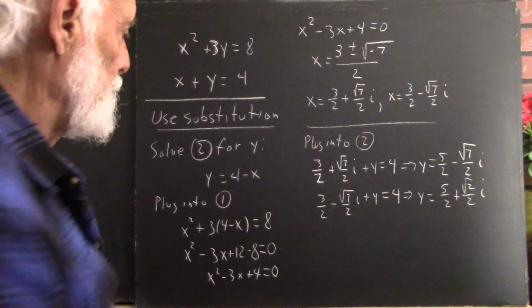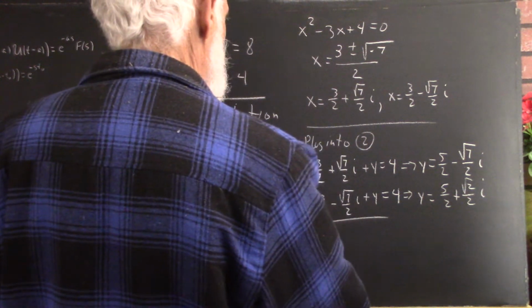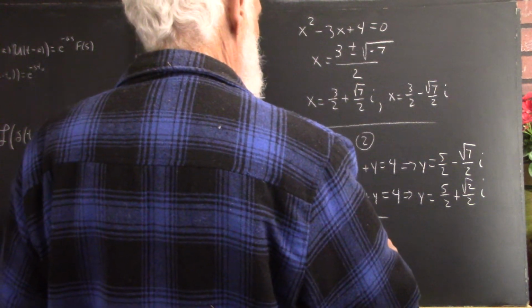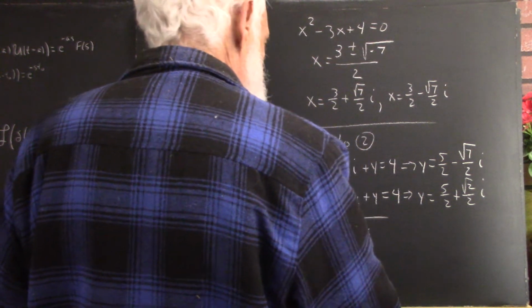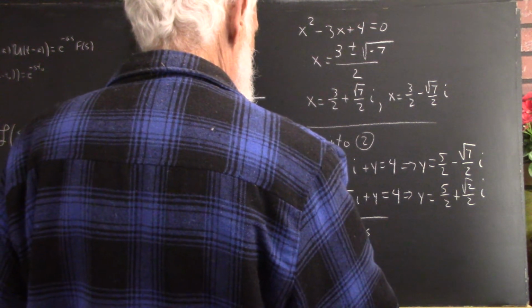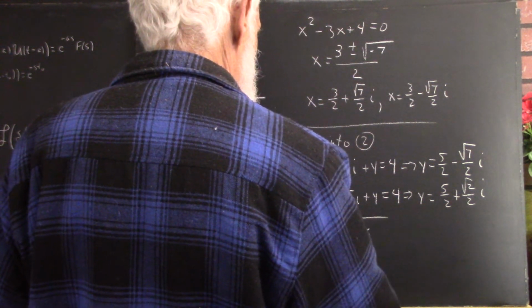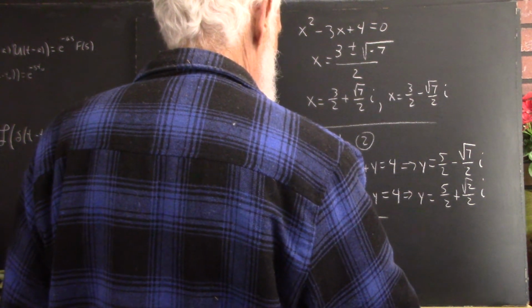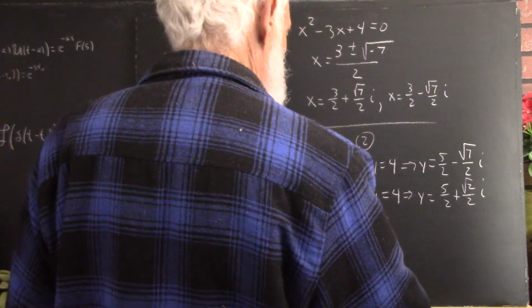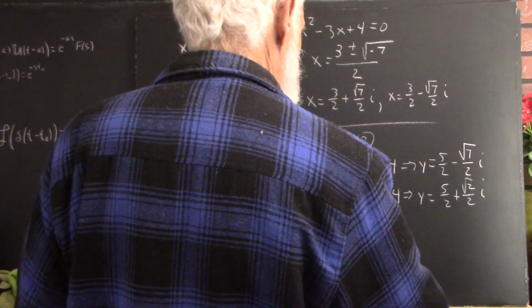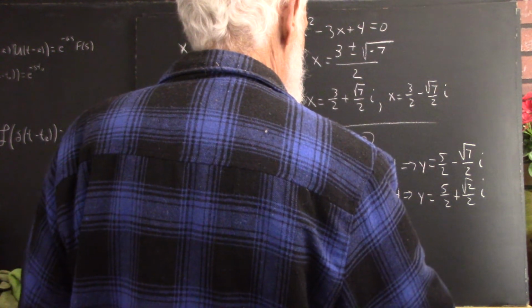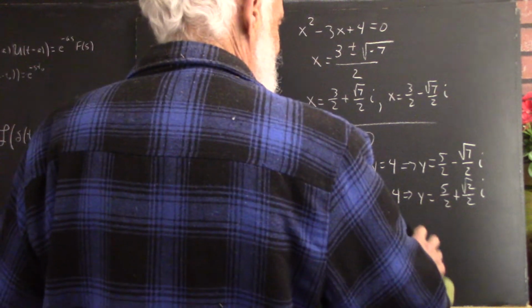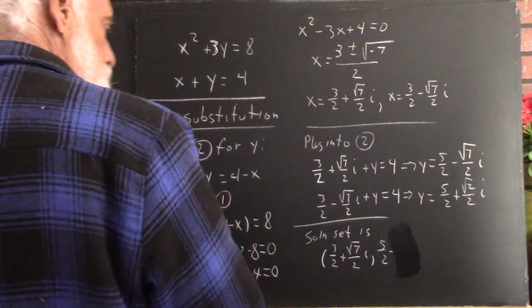So our solution set is, there it is again. I can't seem to write a square root of 7.